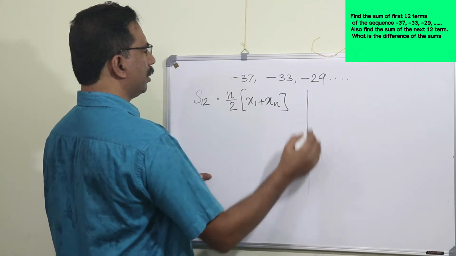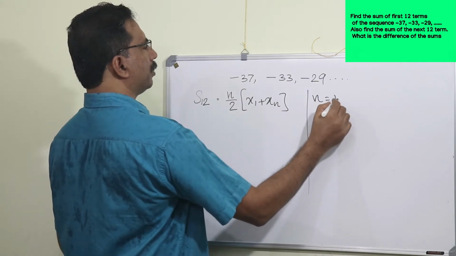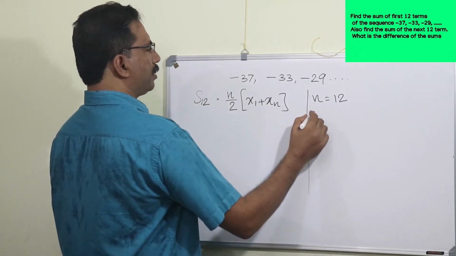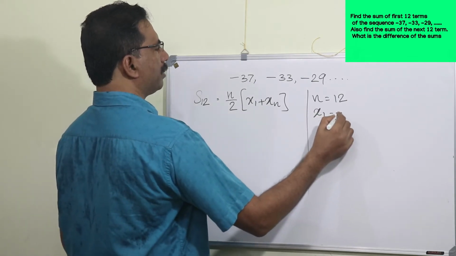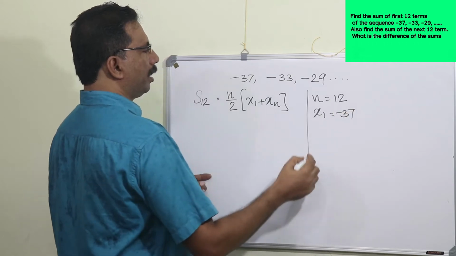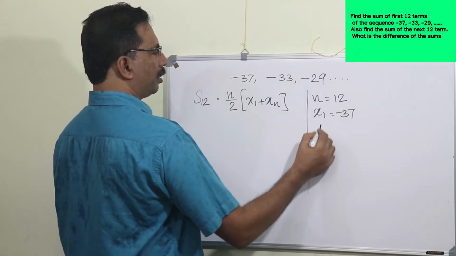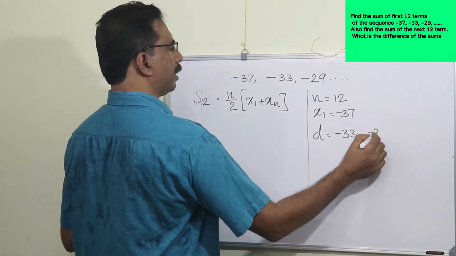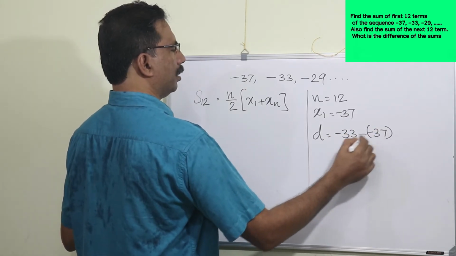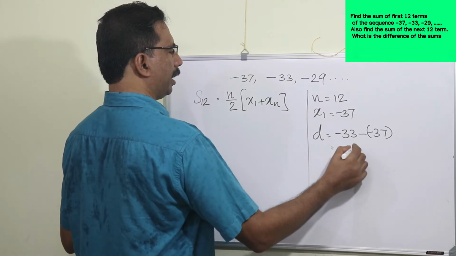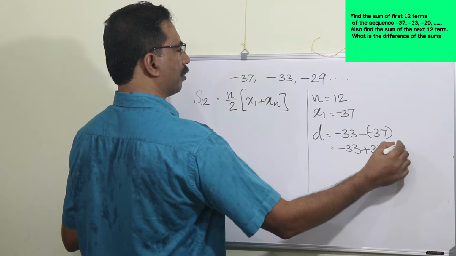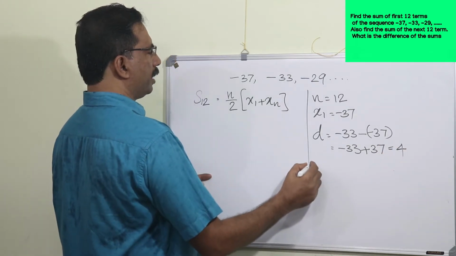Here we have n equal to 12, and we have to find the sum of 12 terms. First term is minus 37. Here d is equal to minus 33 minus minus 37, that is minus 33 plus 37, which is 4. And what is xn?